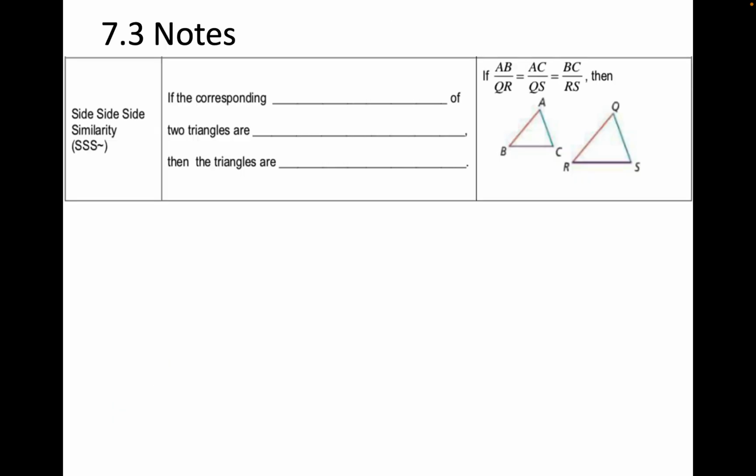All right, so we've now done angle-angle similarity and side-angle-side similarity. So the final reason to prove triangles similar is side-side-side similarity. And that says that if the corresponding sides of two triangles are proportional, then the triangles are similar.